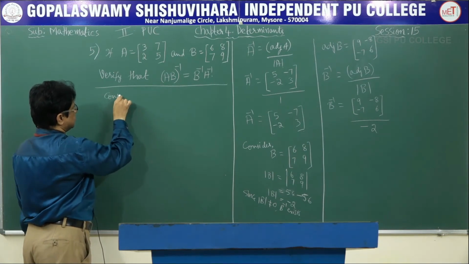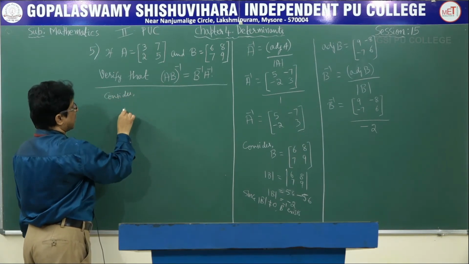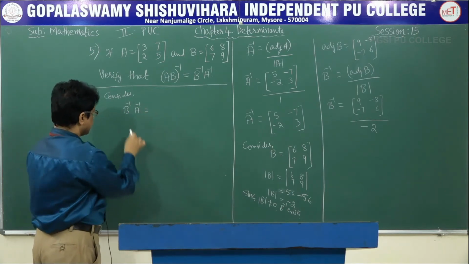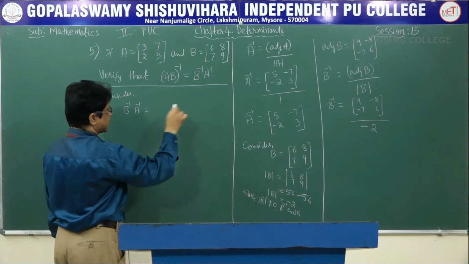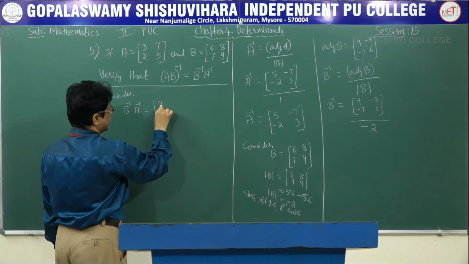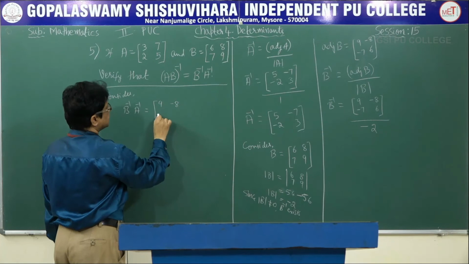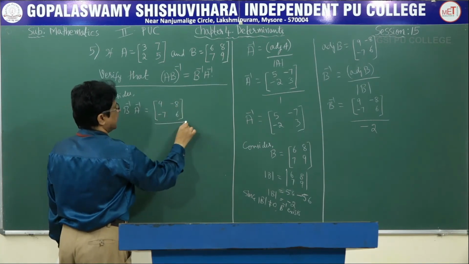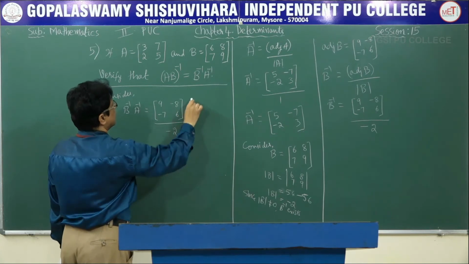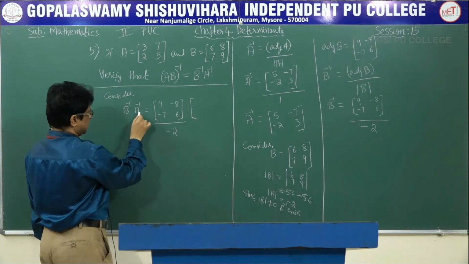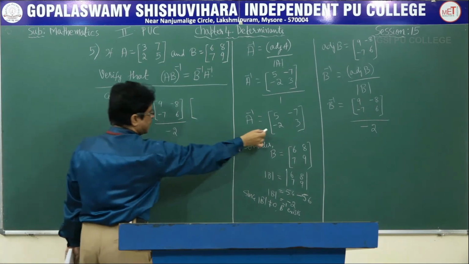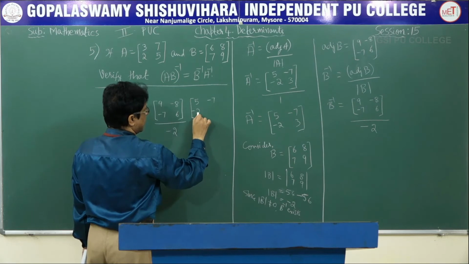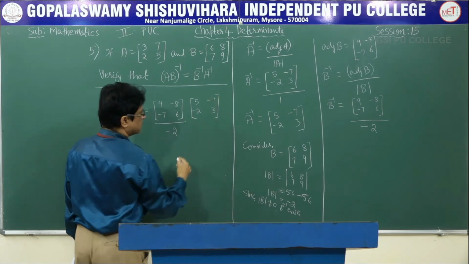Let us consider the product of B inverse into A inverse. So first we have to write B inverse. B inverse is 9, minus 8, minus 7, 6 divided by minus 2 into A inverse. A inverse is 5, minus 7, minus 2, 3.